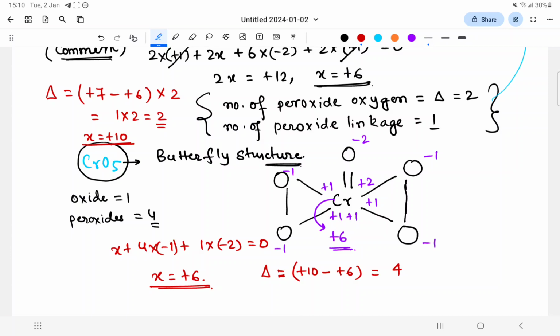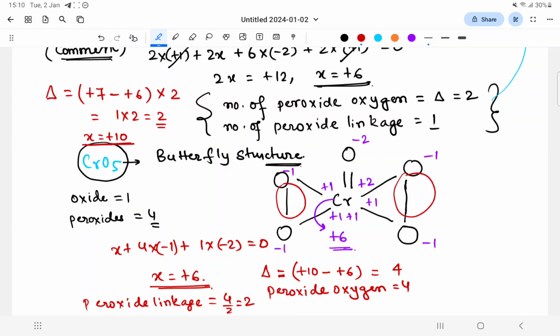So there are 4 peroxide oxygens. And how many peroxide linkages are there? Peroxide linkage will be delta by 2, that is 4 by 2, that is 2. So can you see how many peroxide linkages there are?